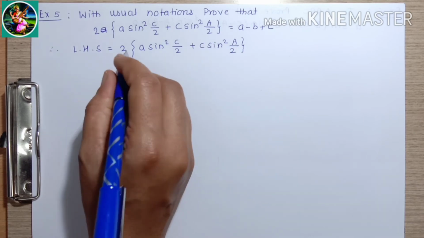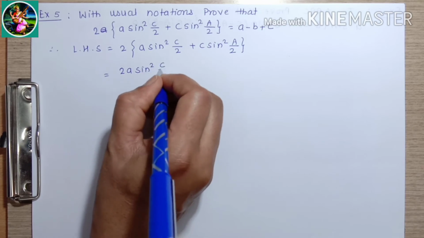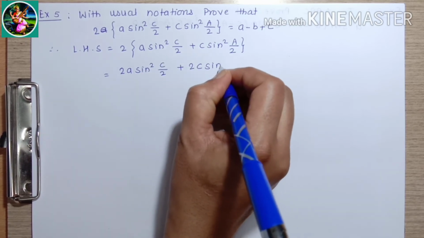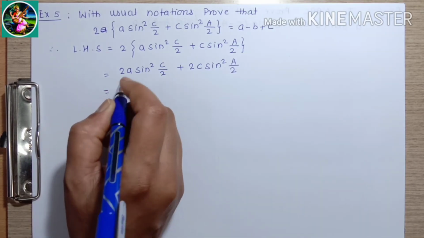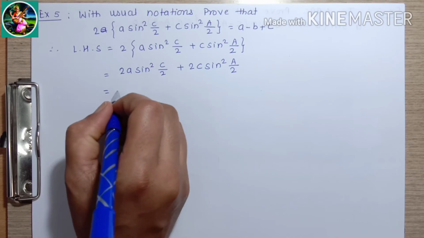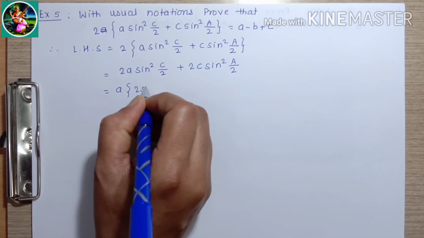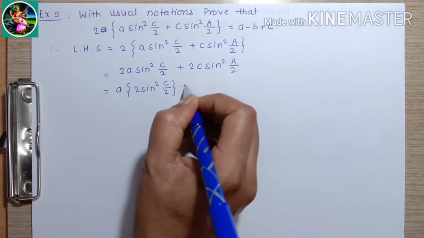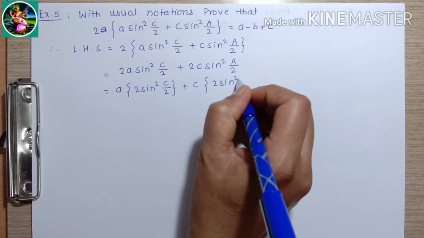Here we get 2A sin square C upon 2 plus 2C sin square A upon 2. That is equal to A into, here we write 2 sin square C upon 2, and here we write C into bracket 2 sin square A upon 2.